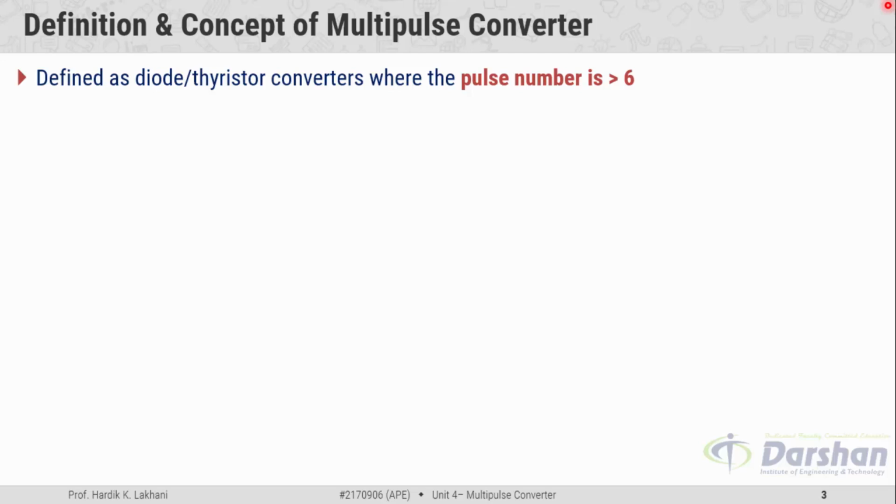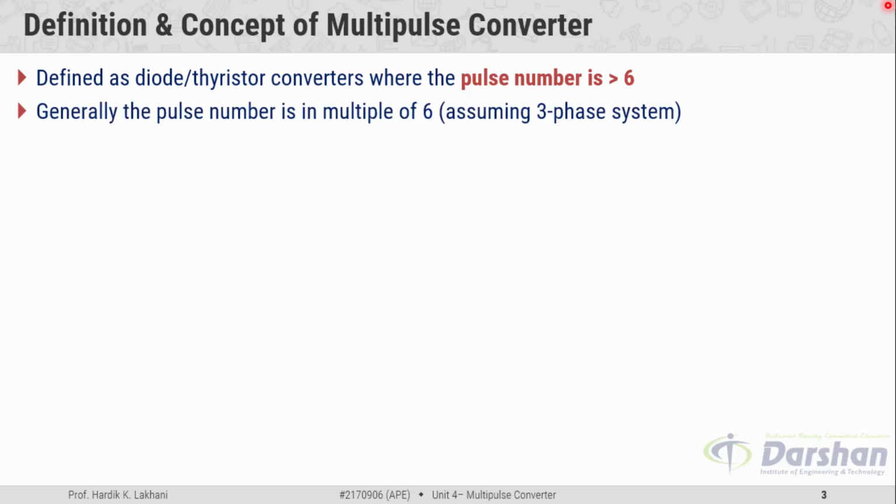Whenever the rectifier converts AC into DC, primarily we do not get pure DC across the output terminal. We normally encounter pulsed DC at the output side. The number of pulses in the output waveform corresponding to one complete cycle at the input side is the meaning of pulse number.